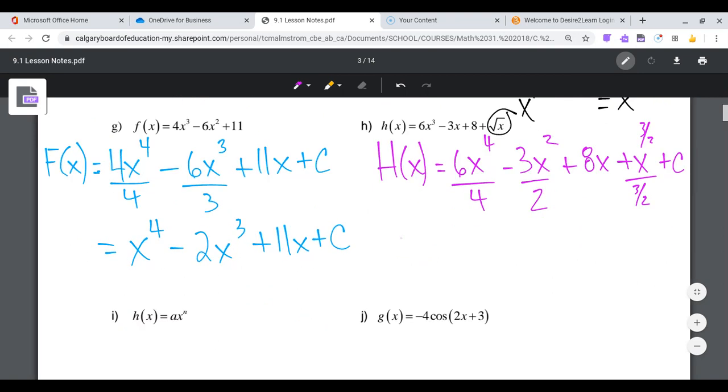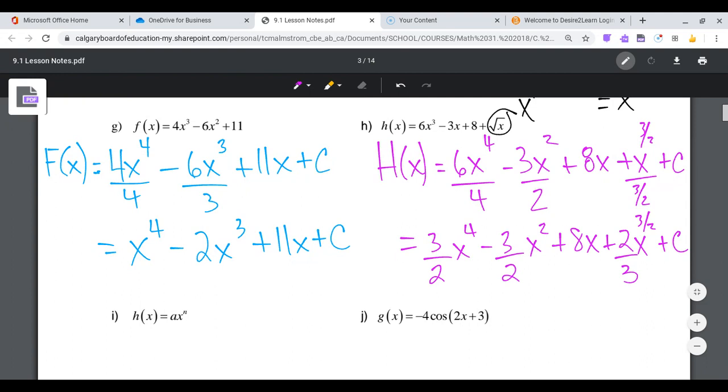So this is equal to 6 on 4 reduces to 3 halves x to the 4th minus 3 halves x squared plus 8x. Now, if you divide by 3 halves, you multiply by its reciprocal, 2/3. So this is plus 2/3 x to the 3 halves plus c.